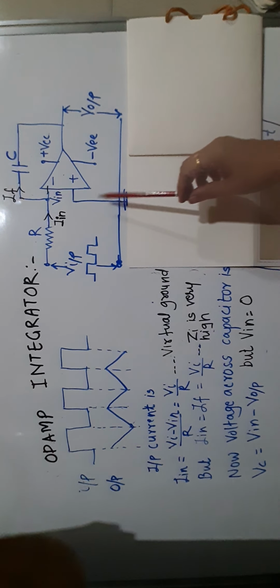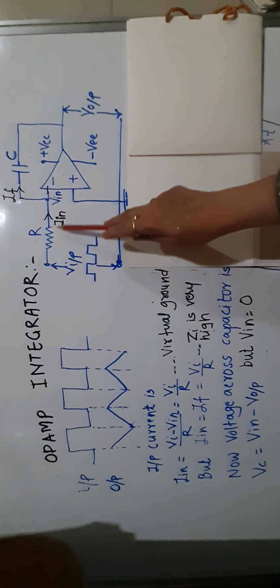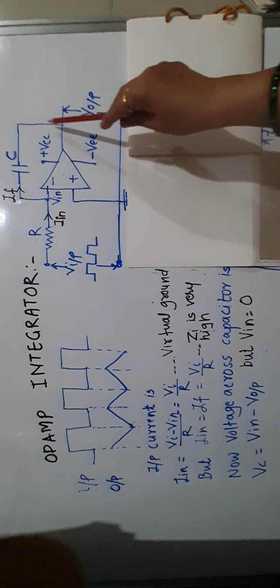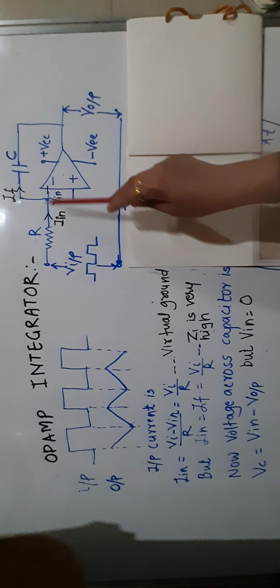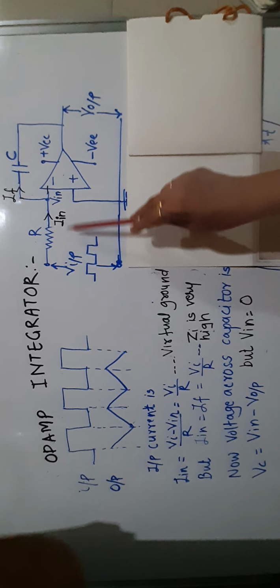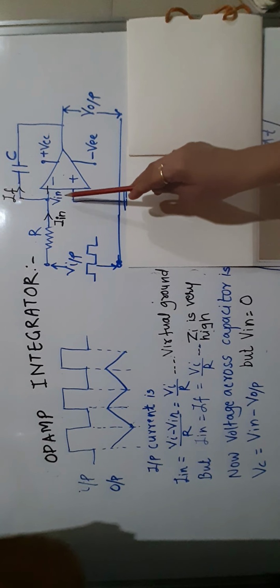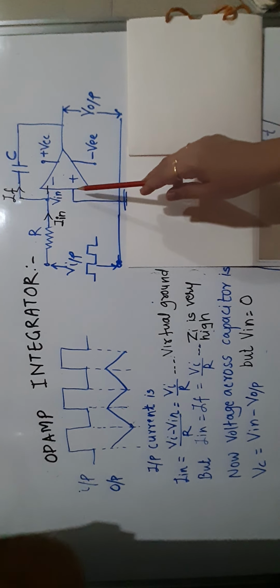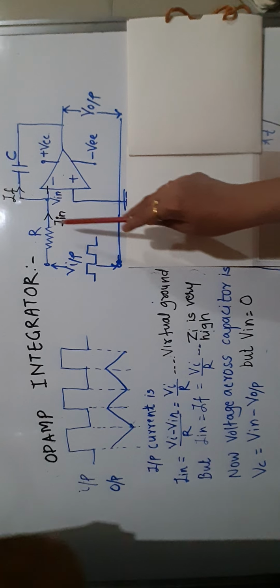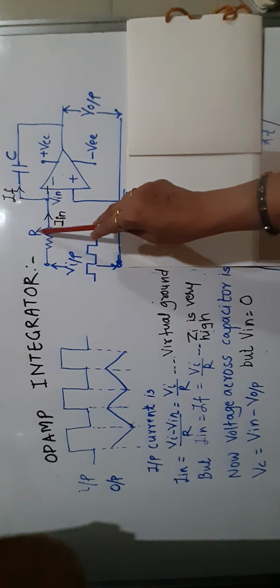The derivation is similar to the inverting op-amp. Now let's see, the currents are I-in and IF. IF is the feedback current flowing through the feedback circuit, and I-in is the input current flowing through the input resistance R. Now Vi is the applied input, which is a square wave, and Vin is the voltage available at the input of the op-amp. The current I-in can be given as the potential difference between the two terminals upon the resistance.